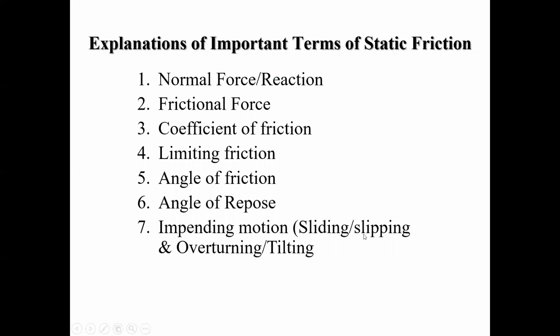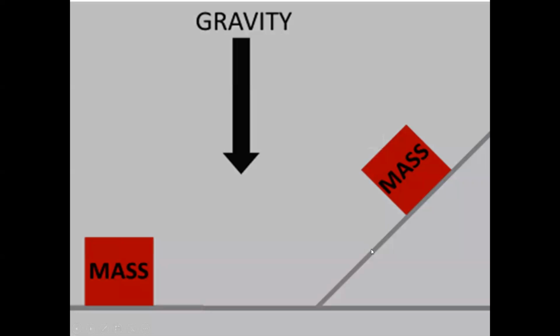Now, explanation of important terms of static friction: normal force and reaction, friction force, coefficient of friction, limiting friction, angle of friction, angle of repose, impending motion, sliding, slipping, overturning, etc. Now you see there are two blocks. One is placed horizontal and one is placed inclined, and this is the gravitation.